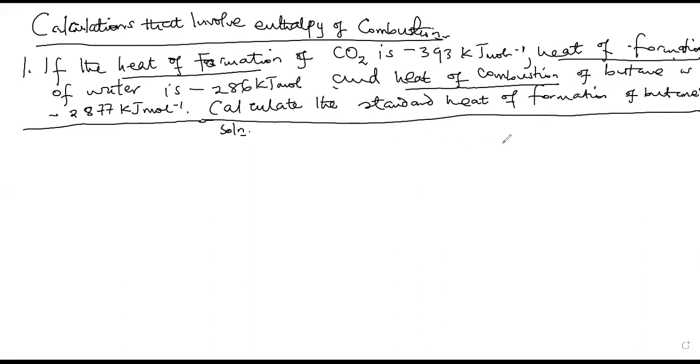If they want the standard heat of formation of butane, it means I am forming butane, C4H10. Heat of formation refers to the energy change when 1 mole of a substance is formed from its constituent elements, and we are forming 1 mole, so at the product you shouldn't put any balancing figure. The elements are carbon and hydrogen.